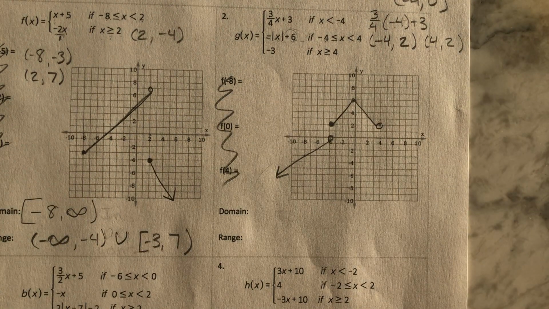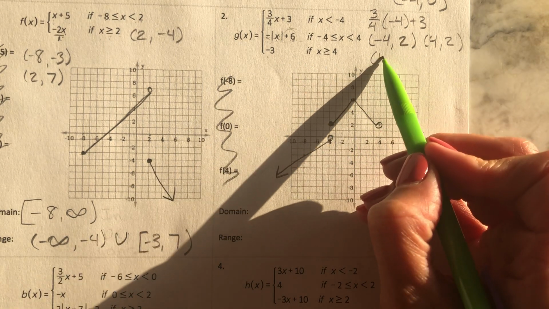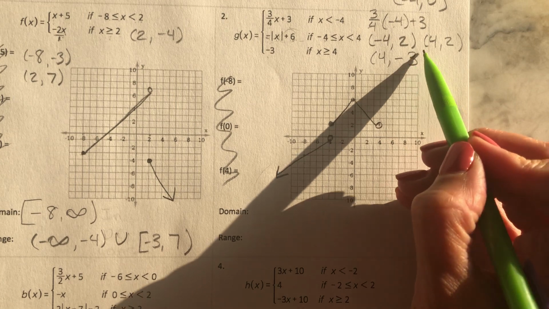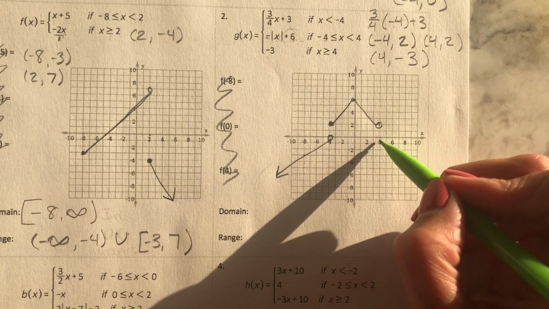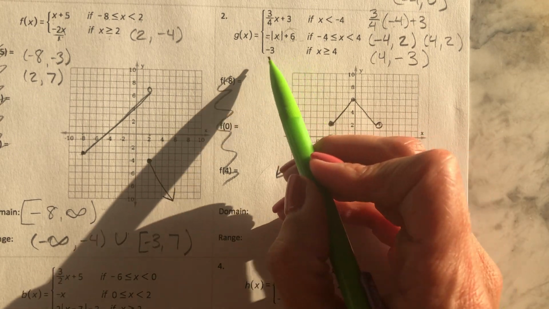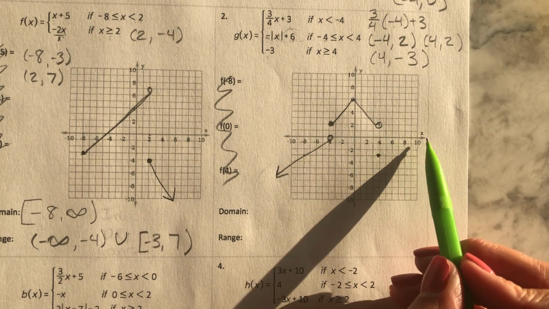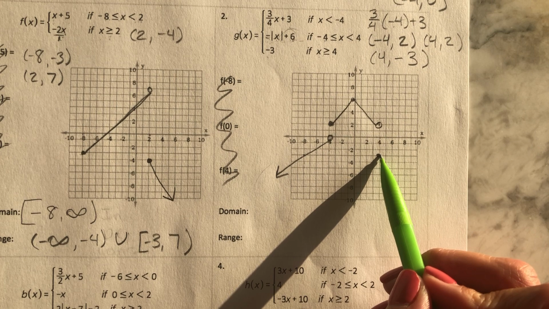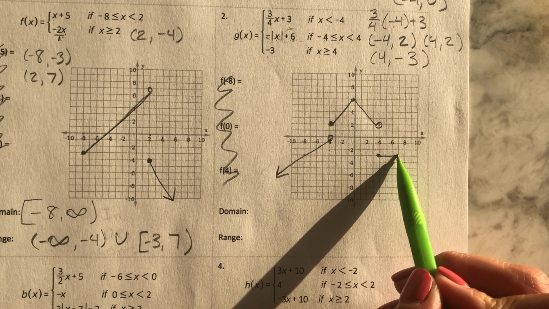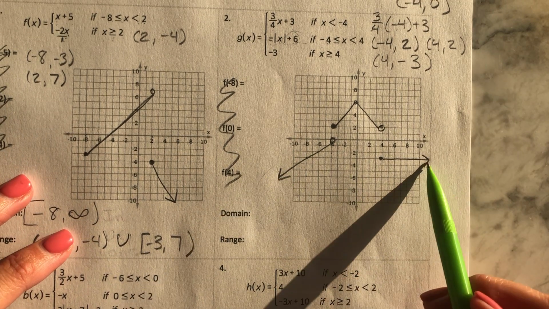Absolute value makes that V. Next one, so plug in 4, nothing to plug in, so it's just (4, -3), and it's closed. That's a horizontal line, and you want x to be greater than 4, so it's going to go this way. Ta-da.